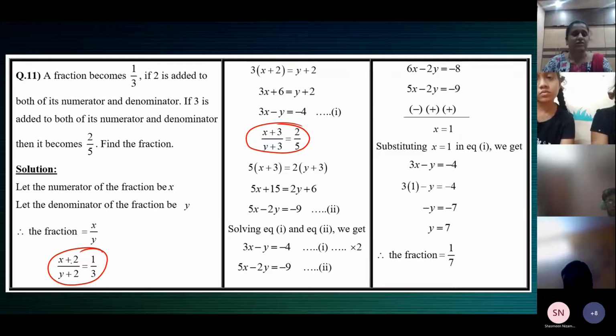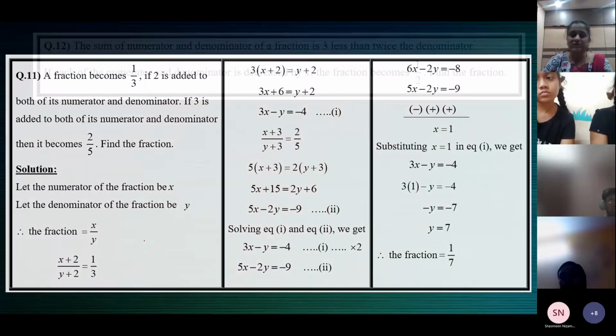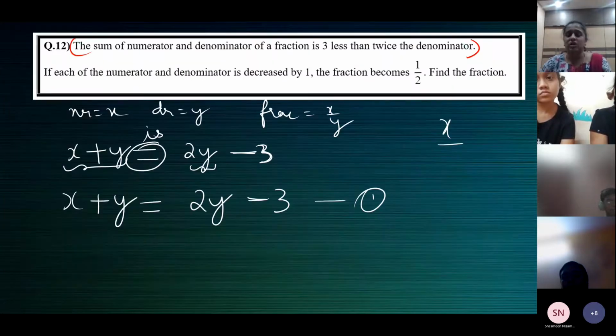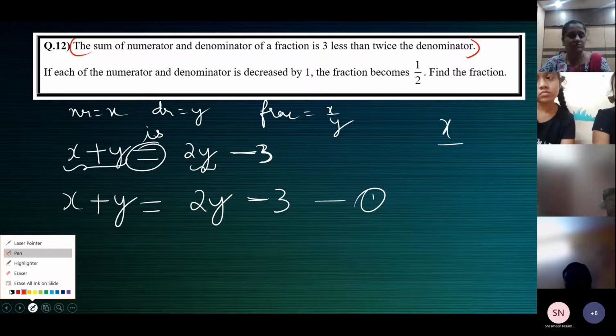In this question, it was about adding 2 to the numerator and denominator and the new fraction becoming 1 by 3, and in the second case, adding 3 to the numerator and denominator and the resultant fraction is 2 by 5. But here it is not like that. So it's not that you should have the equations in the fractional form like this, x by y. It can be like this also.